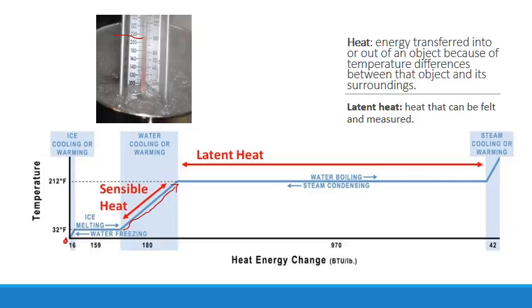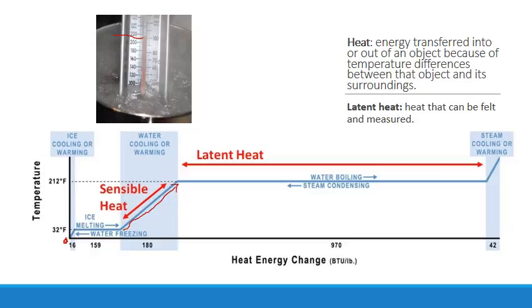then we have steam, some steam warming and some steam cooling off. If we continue to add kinetic energy to the system, if we continue to turn the temperature up, that steam can continue to get hotter and hotter and hotter. But we would be able to measure the temperature change at that point.